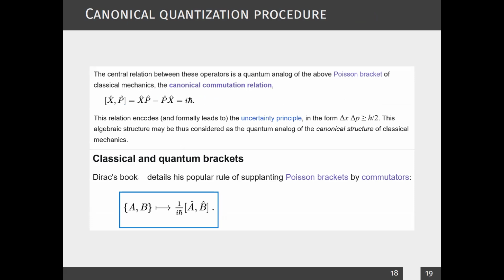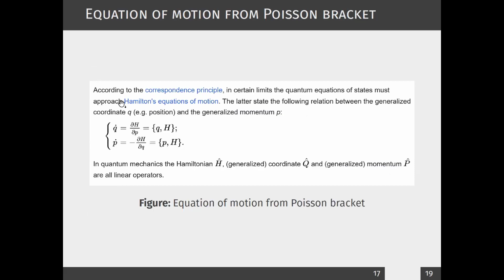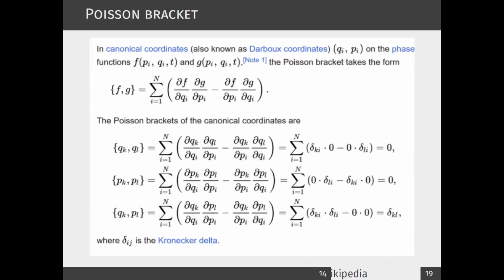Essentially, Dirac, one of the inventors of quantum mechanics, observed that, remember, the Poisson bracket of position x and p was shown over here, and this was set to 1 for, let's say, k equal to l equal to 1.